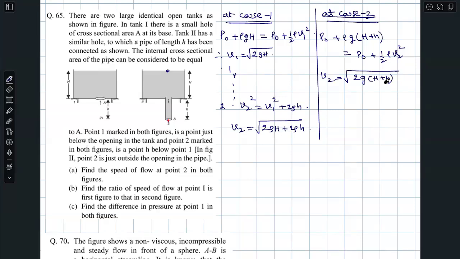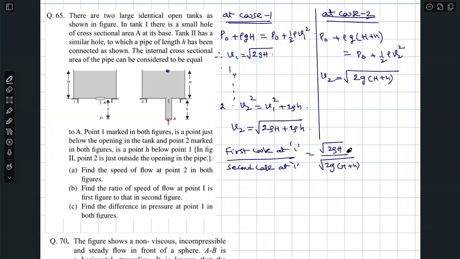Find the ratio of speed of flow at point 1 in first figure to that in the second figure. See, please try to understand, first case at 1 by second case at 1 is equal to root 2gH by root 2g(H plus h).